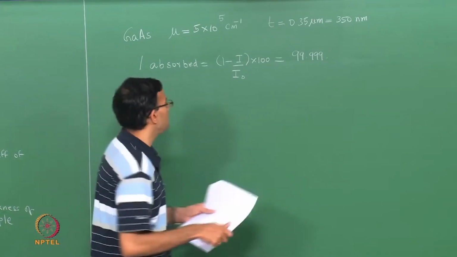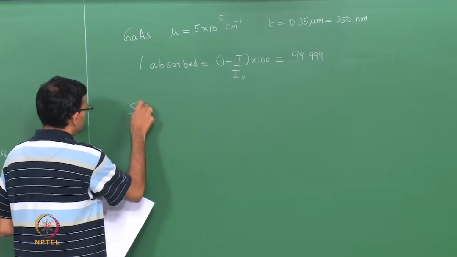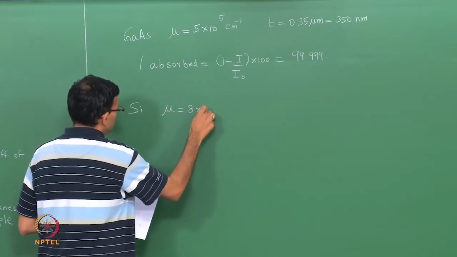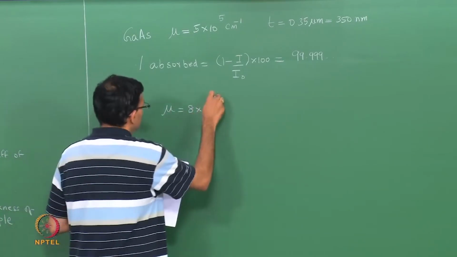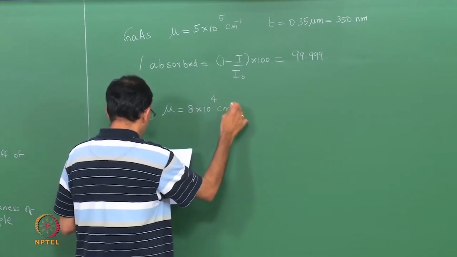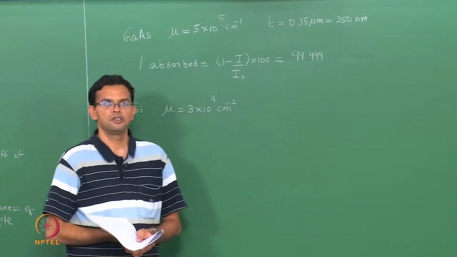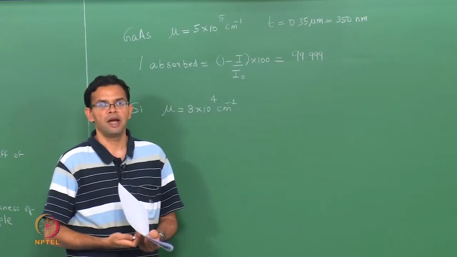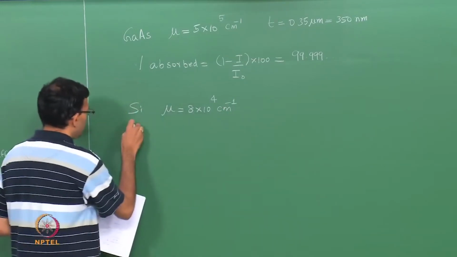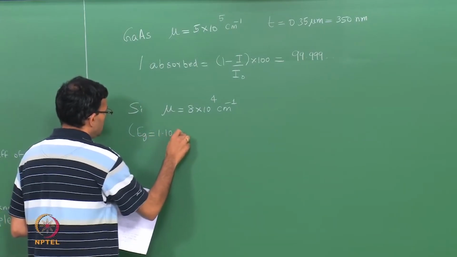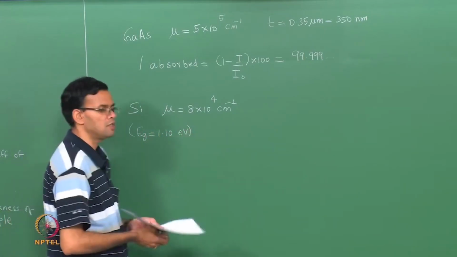We can do the same calculation for silicon. The value of mu is times 10 to the 4 per centimeter. So, silicon actually has a lower band gap than gallium arsenide. So, Eg of silicon is 1.10 electron volts at room temperature.